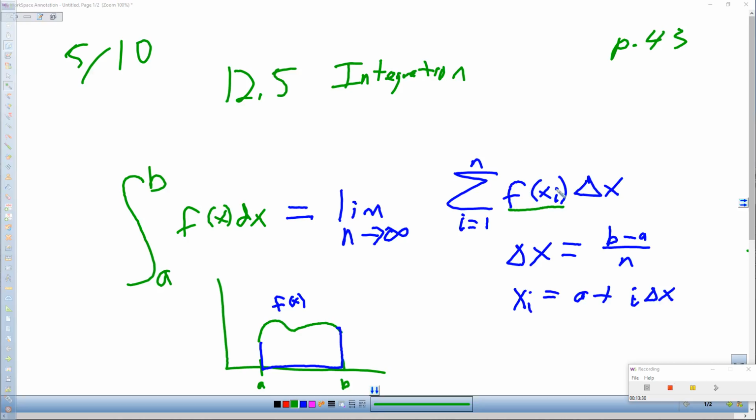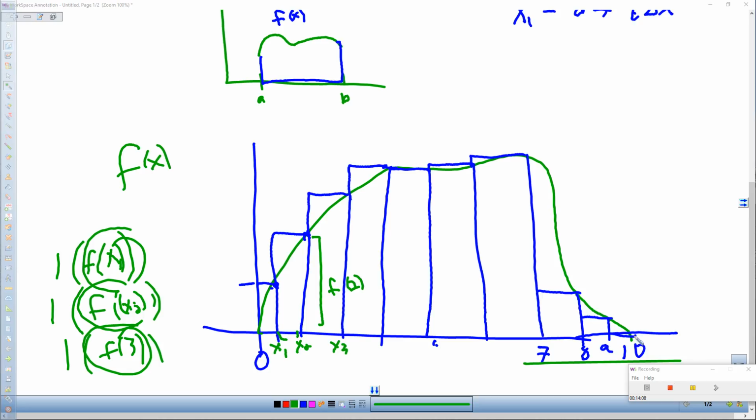Now, what do we need to get the other part? The width. The change in x, which is taking our endpoint minus the beginning point divided by the number of rectangles. So if, looking at this one, we had 10, we went from 0 to 10, and we divided it into 10 rectangles, we'd do 10 minus 0 over 10 to tell us the width of each rectangle.